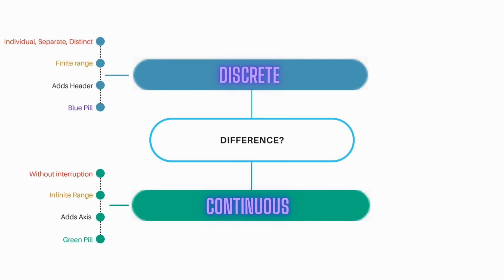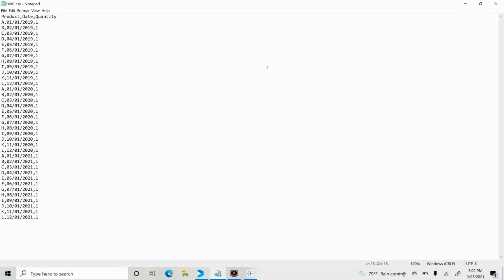Let's see a few examples. This is the data file we are going to use to demonstrate this. It is a very simple file where we have product, date and quantity. I have 12 different products for 3 different years, starting from January to December. Products A up to L have a quantity.